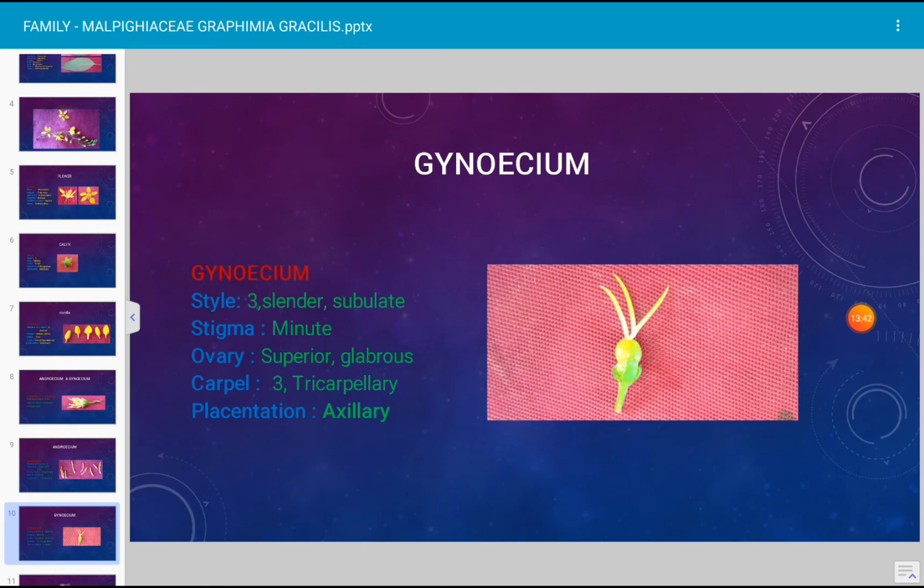Axile placentation means what? Placenta means the stalk of the ovules. Placentae are attached to the central column. That is, the ovules are situated on the placentae developed from the central axis. Like this. Next slide.